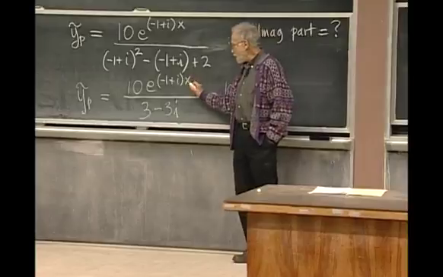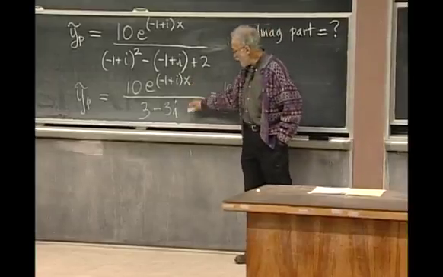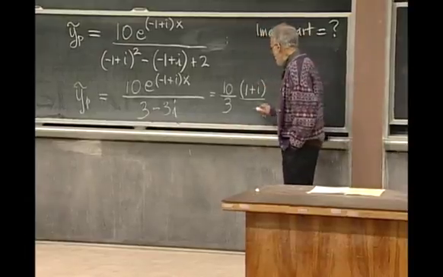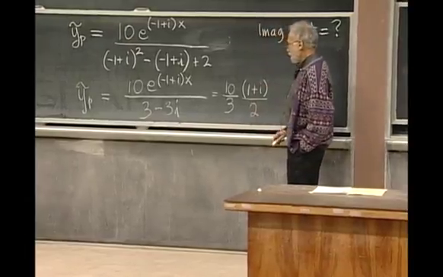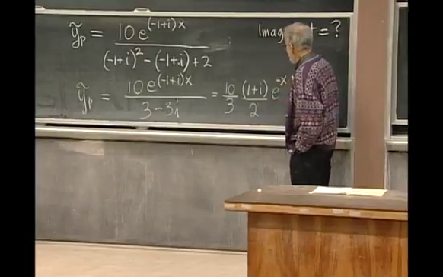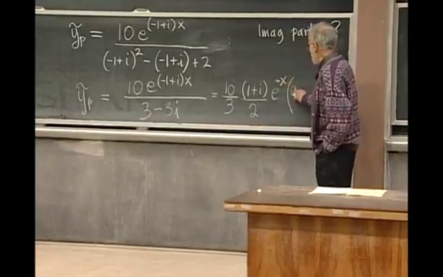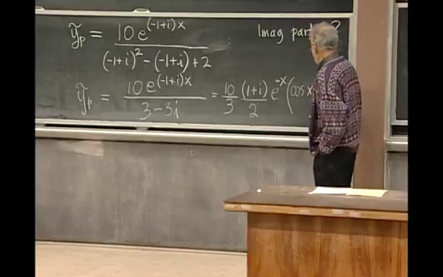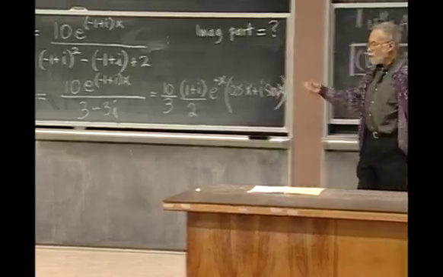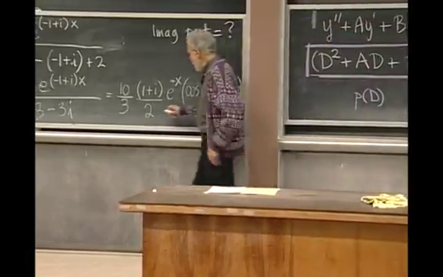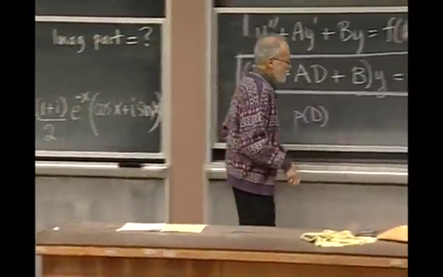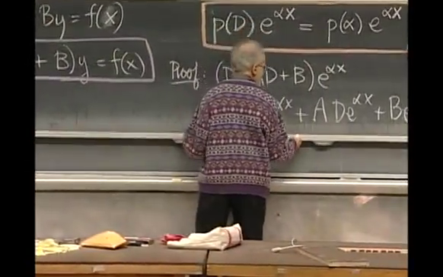In other words, I'm multiplying both top and bottom by 1 plus i. And so that makes here 1 squared plus 1 squared, which is 2. That takes care of that, and now what's left is e to the negative x times cosine x plus i sine x. Now, of that, what we want is just the imaginary part. Well, let's see. 2 goes into 10 makes 5, so that's 5/3. So we're practically at our solution.